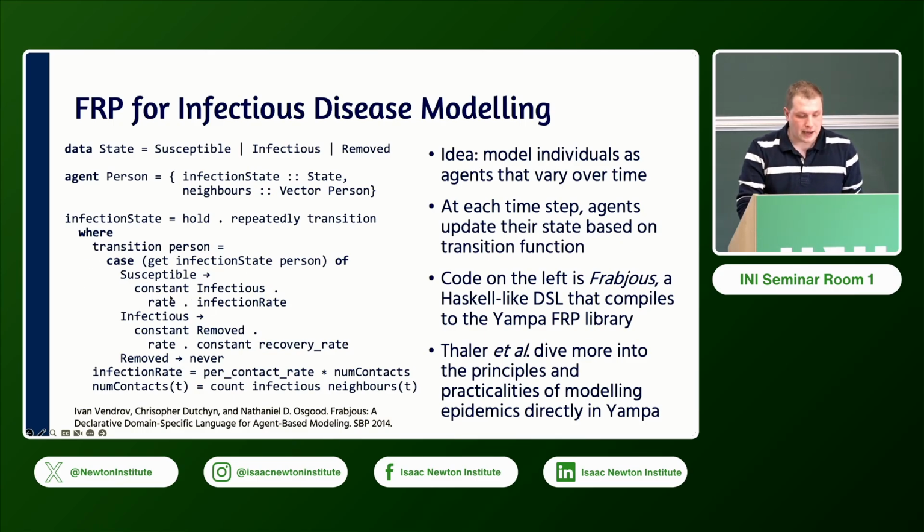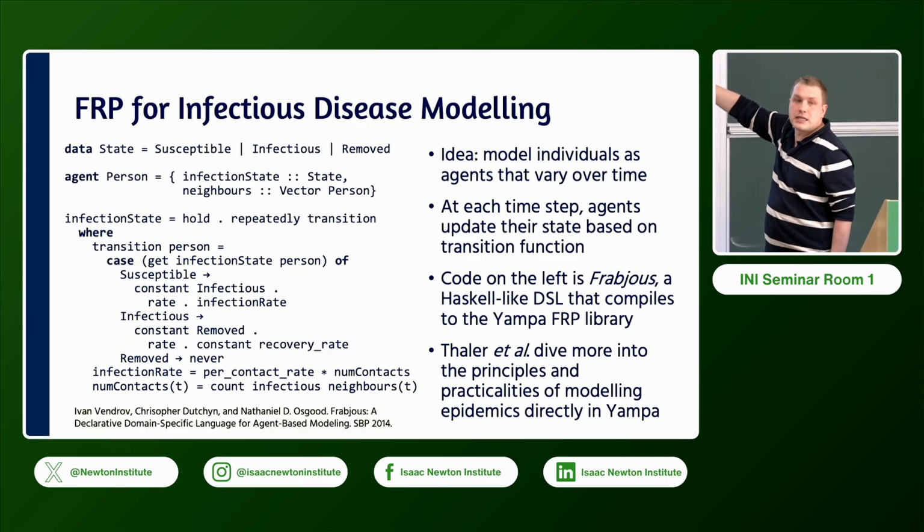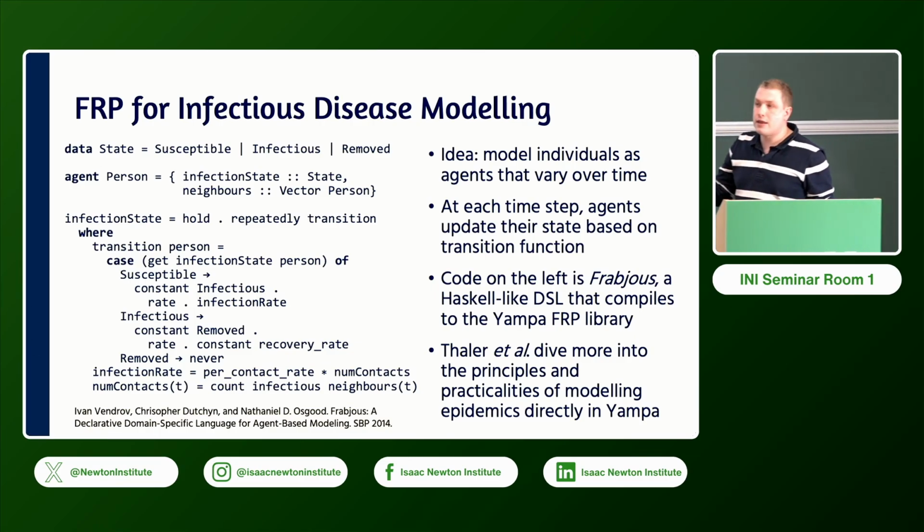In the susceptible state, we can, with a constant rate, go to infectious. Once we're in infectious, we can go to removed, and in removed, we're not going to go any further. So this is a fairly opinionated domain-specific language, and it's a fairly thin layer over Yampa.